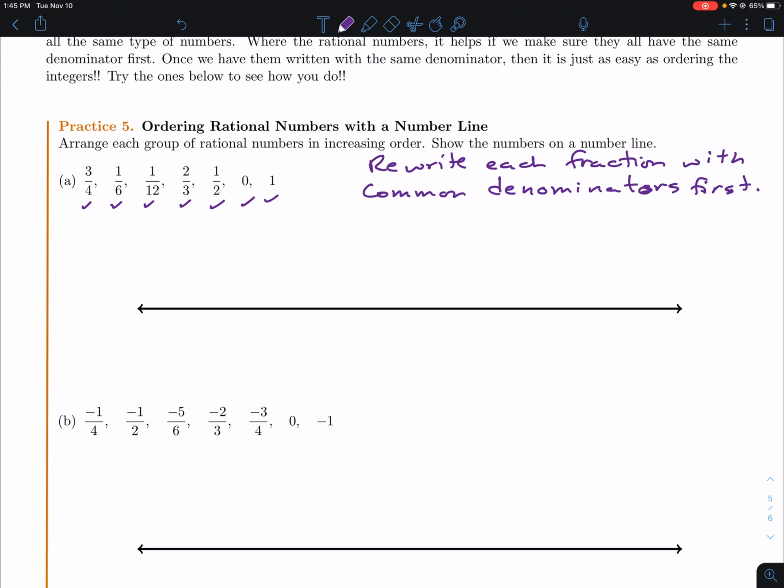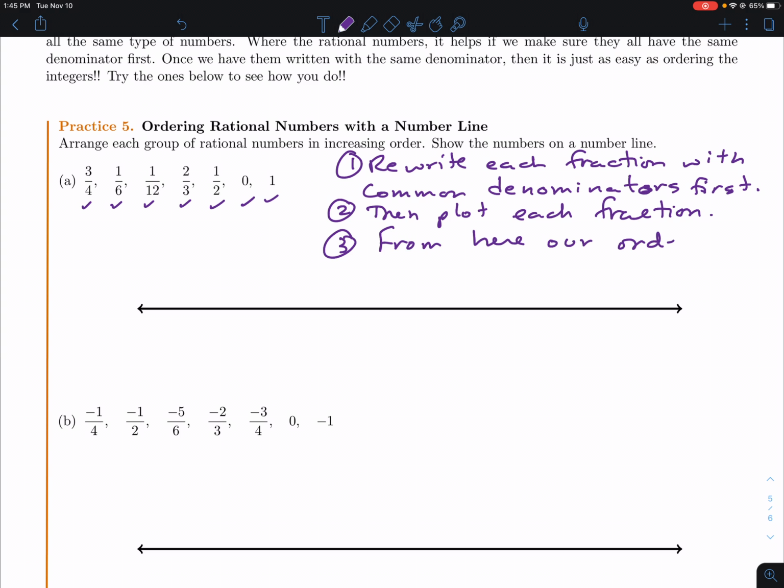Then once you've got your common denominators, plot each fraction, and from there the order will just fall out, because then we can just read them left to right to see which one is smallest to largest.